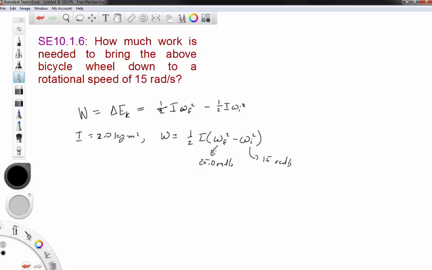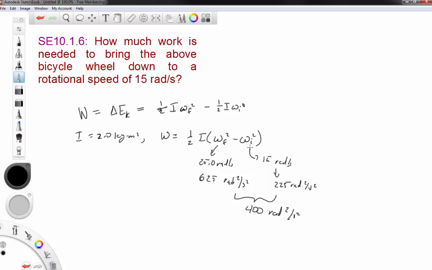So this one squared becomes 625 radians squared per second squared. This one becomes 225 radians squared per second squared. The difference between the two, therefore, is 400 radians squared per second squared.